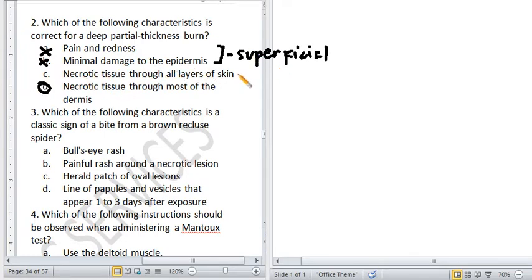Because letter C is a characteristic of full thickness burn. So eliminate C. The answer is D. D is your deep partial thickness.